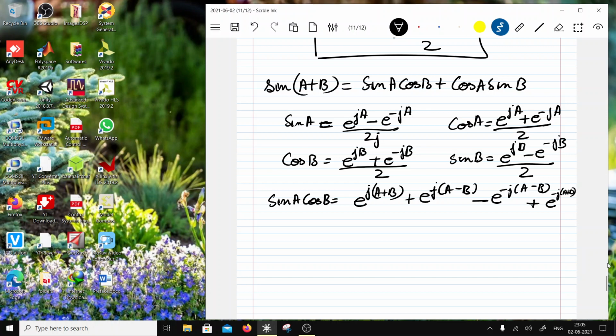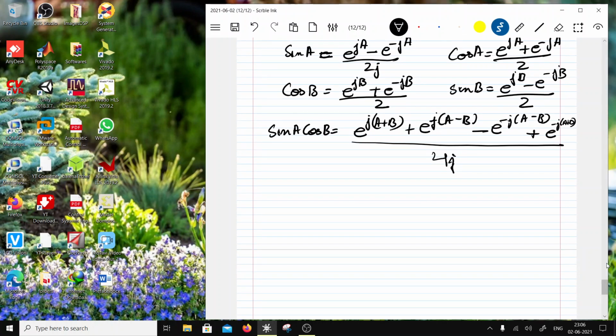This whole thing is divided by 4j. Similarly I have cos a sine b.